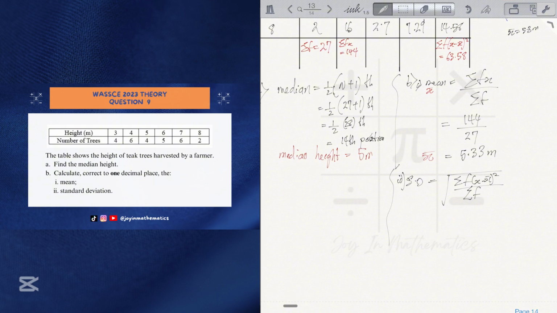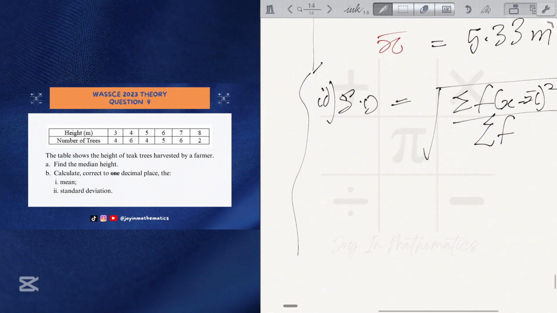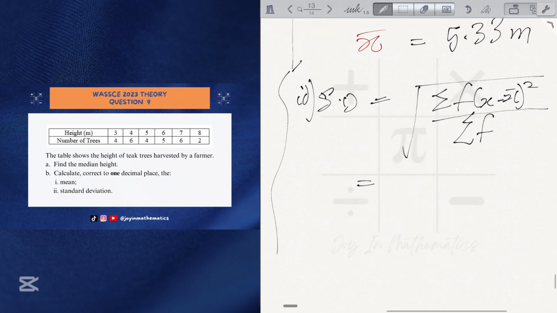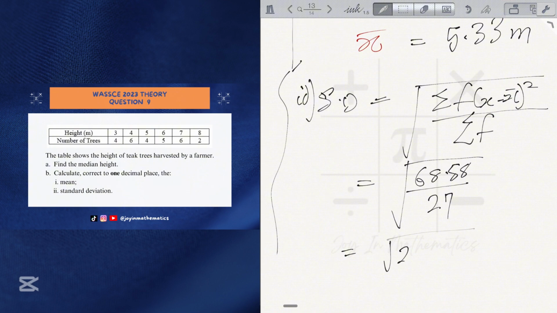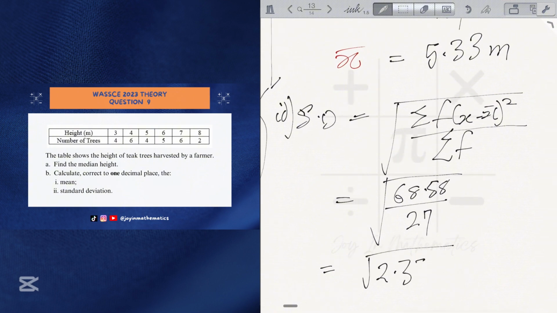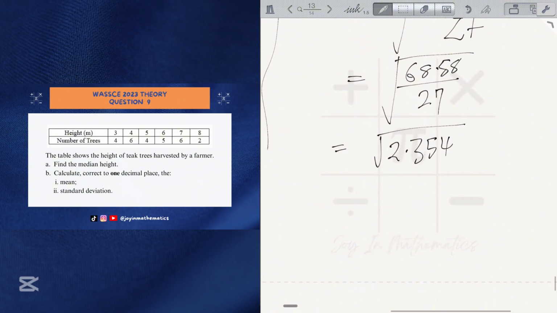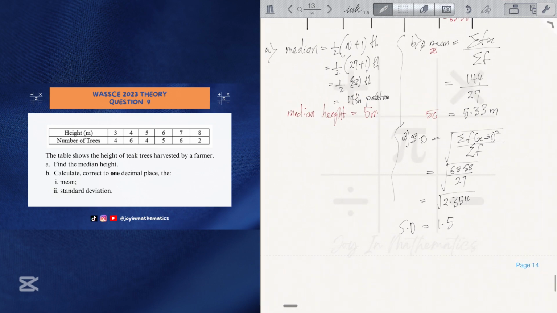Now the summation of f of x minus x bar squared is 68.58 and the summation of f is equal to 27. So we'll make the substitution, and this will give us the square root of 68.58 divided by 27, which gives us 2.54, and the square root is 1.53. So the standard deviation is equal to 1.53.